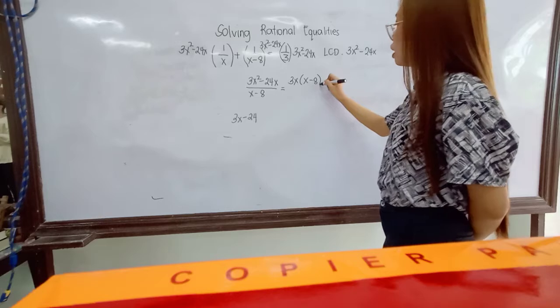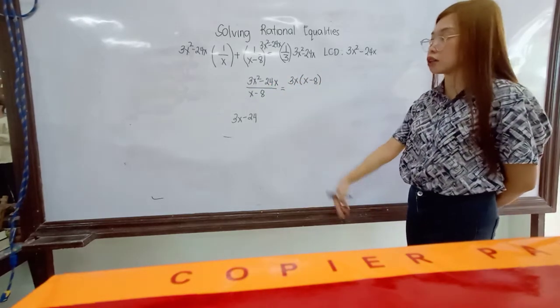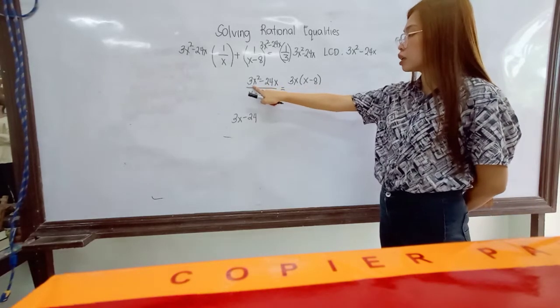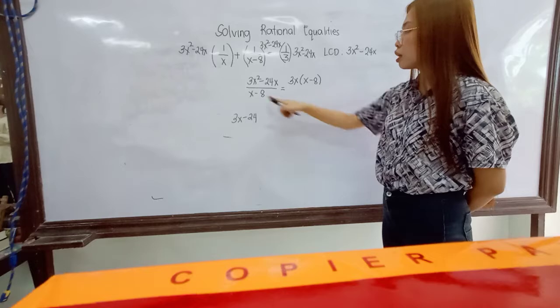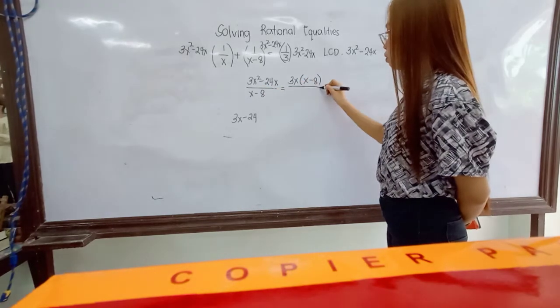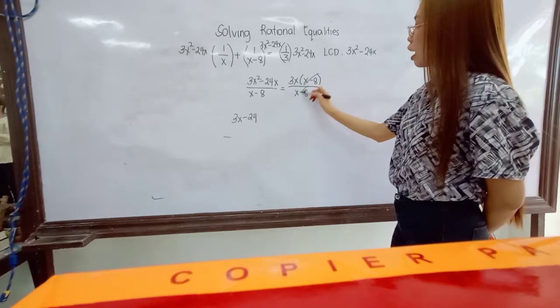Let's check. We have 3x times x, that is 3x squared, and then 3x times negative 8, that is negative 24x. Over x minus 8. So now we can cancel out x minus 8.